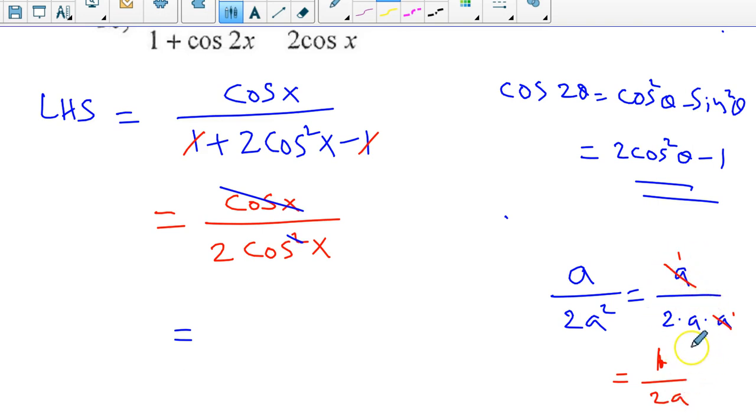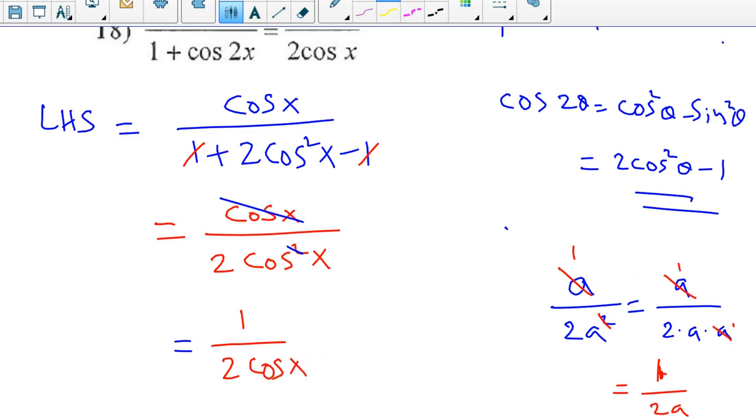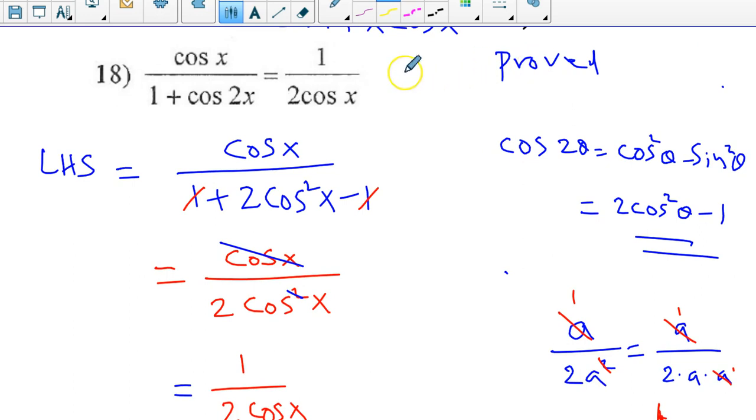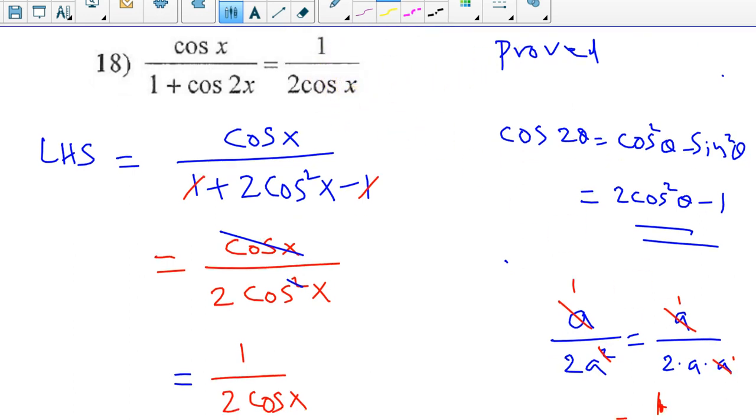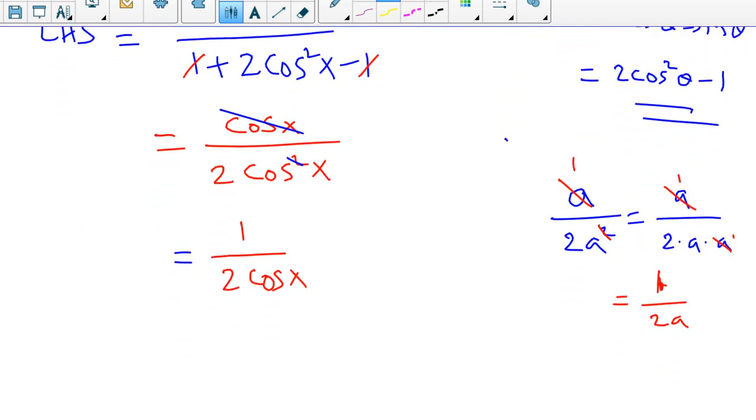All this story we don't do, we just cancel off here, from a square 1a is gone, left with the 2a. That's what I did here. 1 over 2 cosine x. Okay, 1 over 2 cosine x, is it the right hand side? Yes, on the right hand side you have 1 over 2 cosine x, and that's what we ended up getting.